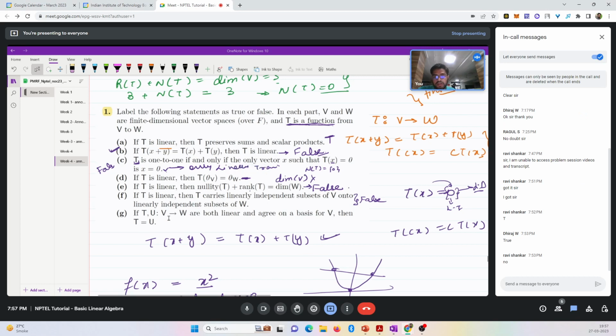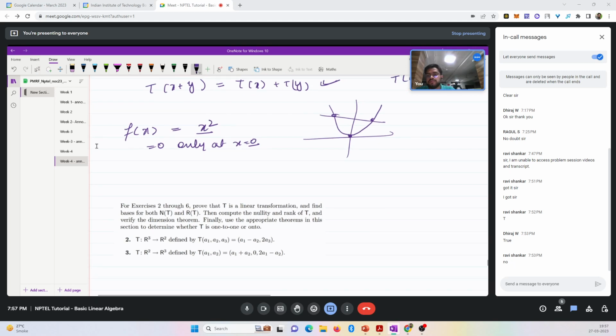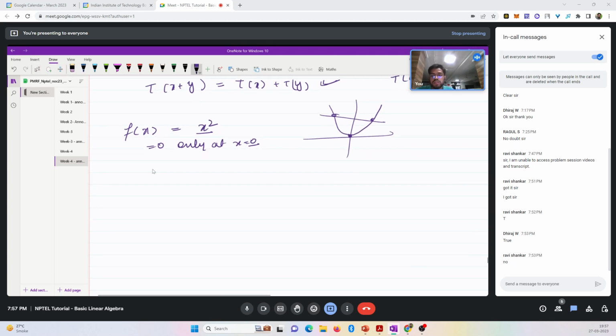Last part is, if T and U are maps from V to W, both linear and agree on the basis for V. What it is saying is, we have some basis B is equal to beta 1 comma beta 2, right?